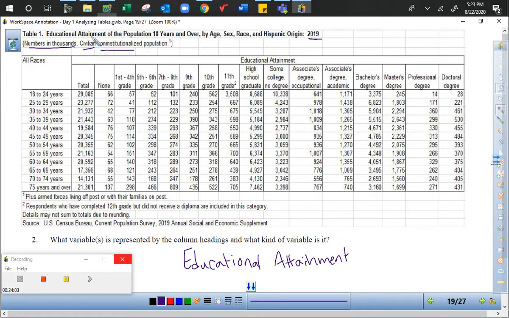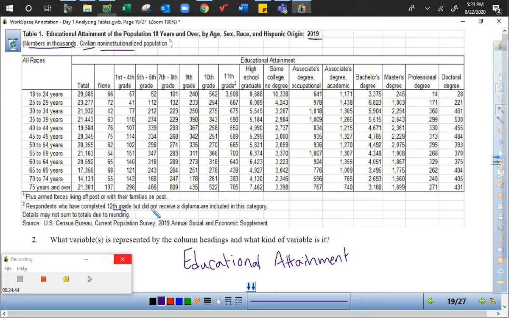I said civilian is non-military. There is an exception to that right there. And then the second little note here, it says respondents who have completed 12th grade but did not receive a diploma are included in this category. So 12th grade here, notice up here, 11th grade, this little note too, is they included a little bit extra there. Now it says details may not sum to totals due to rounding.